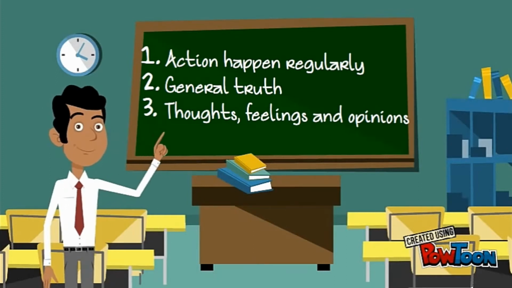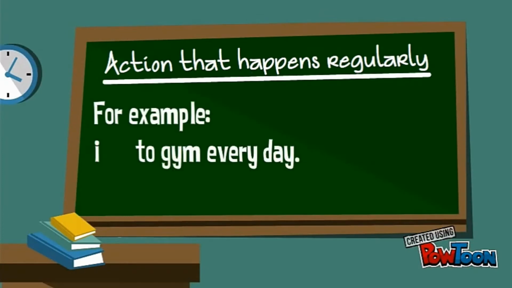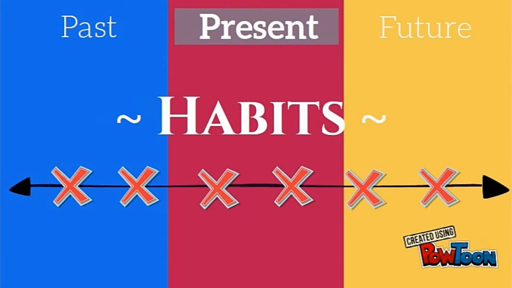Here, this is an action which shows our habits. Yes, the habits which we do every day, or the things we do every day. That is being shown by present simple. So this was the habits or the things we do regularly, that is being denoted by present simple tense.